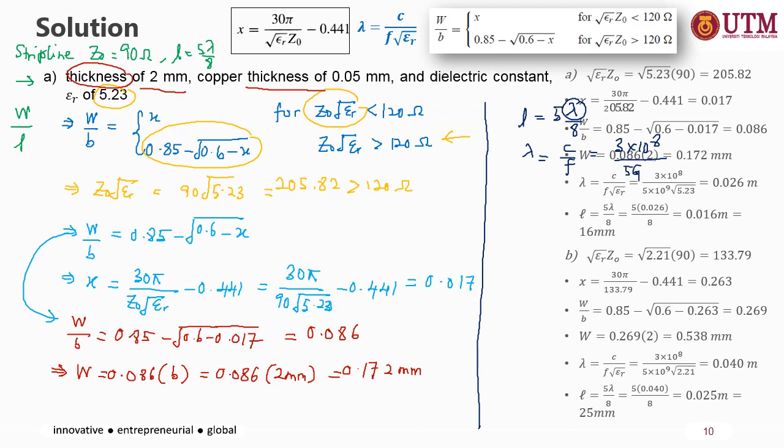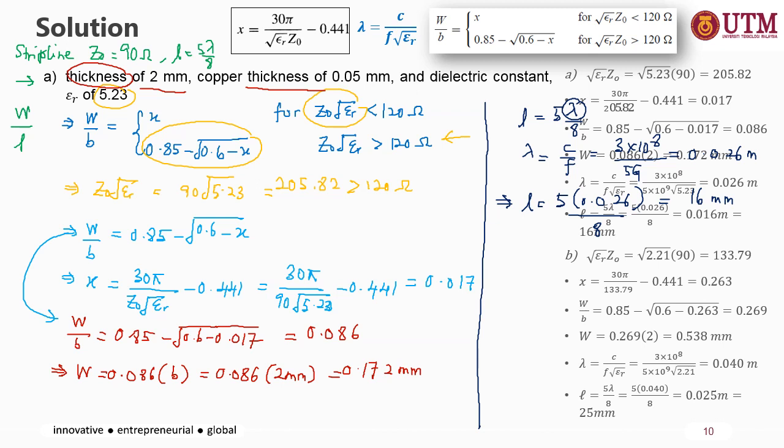So you can get your lambda equal to 0.026 meter. Then you can calculate your L equal to 5 times 0.026 meter divided by 8. So you should get your L equal to 16 millimeter or 0.016 meter. So you already have your W and L.